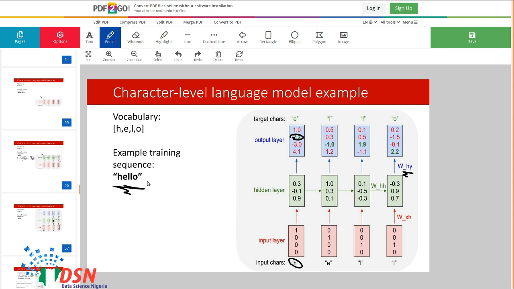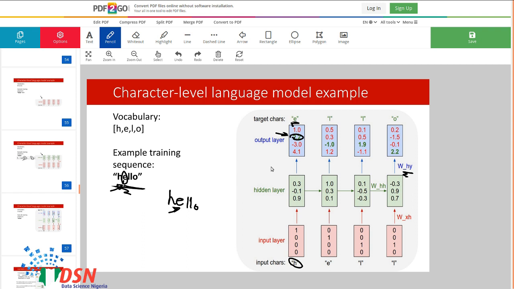So now the language model is trained. The output shows us the next character will probably be E; the language model predicts that after H we probably have E as the next character, because the model just learned on hello, so it just saw E after H, so it tells us the most probable thing after H is E. And if we give E to the network and we have the hidden state, it tells us the next output will probably be L, and so on.